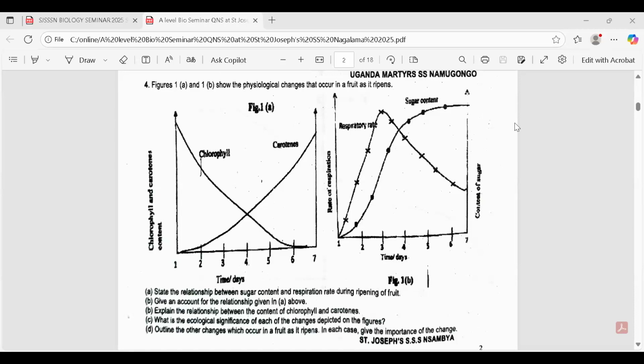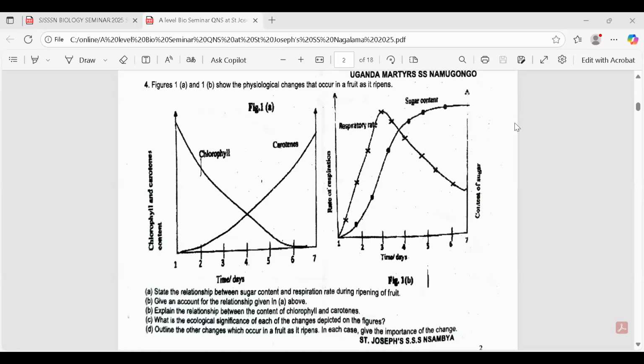All right. So we have there our two relationships. First one, we said that from 1 to 3, as the respiratory rate increases rapidly to attain a peak, the sugar content increases rapidly if you're taking it uniform. Okay, but sometimes the direction doesn't matter, but of course we can't take chances, so you can easily state it like that.